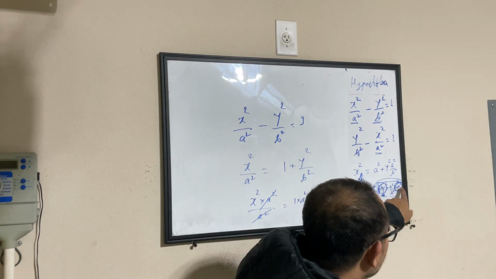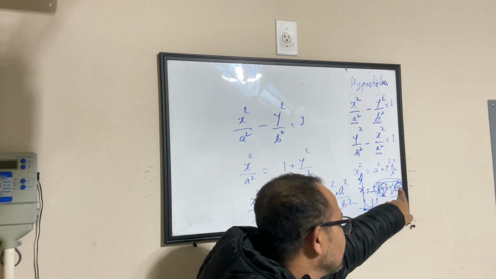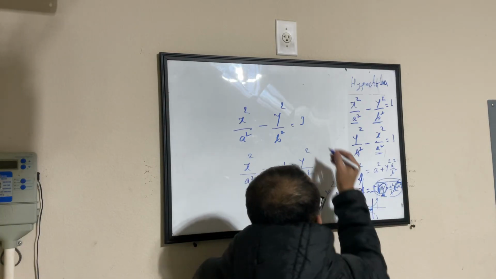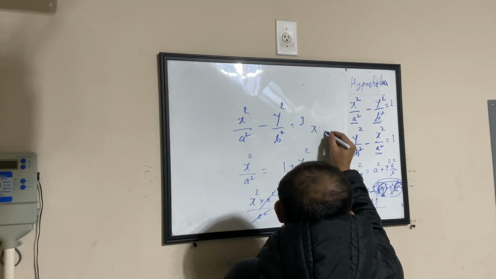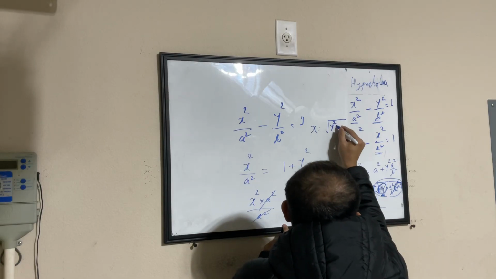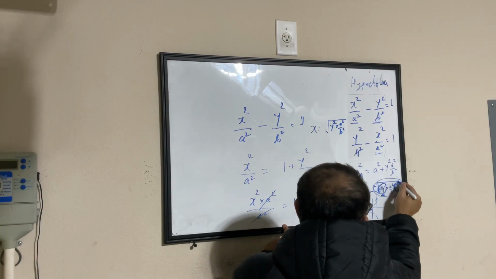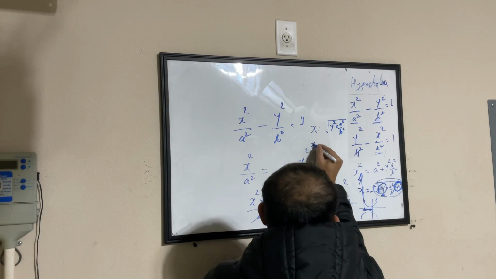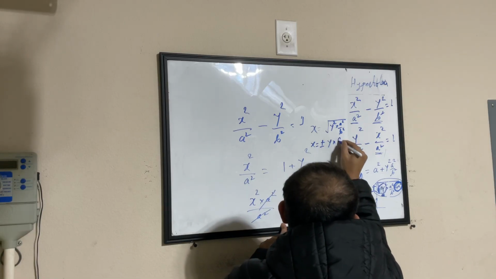And then you are comparing infinity with something which has not much relevance. So essentially what that would mean is when y is infinity, your value of x will be the square root of y squared into a squared by b squared. You can safely ignore this piece. Or you can say my x value will be plus minus y times a by b.